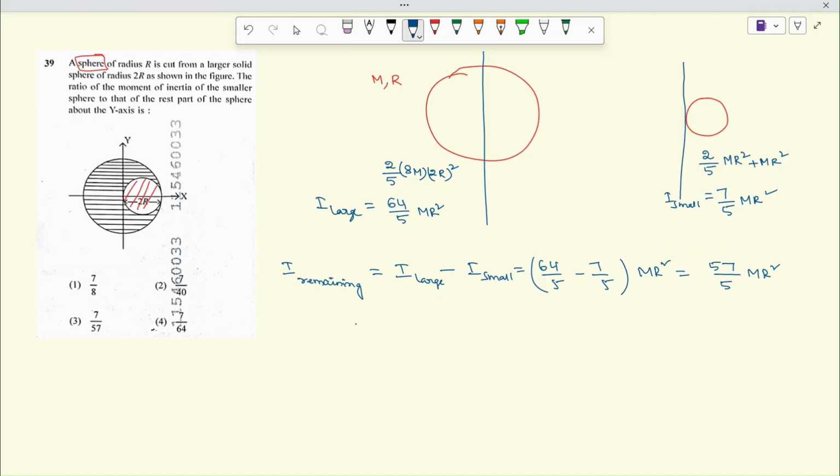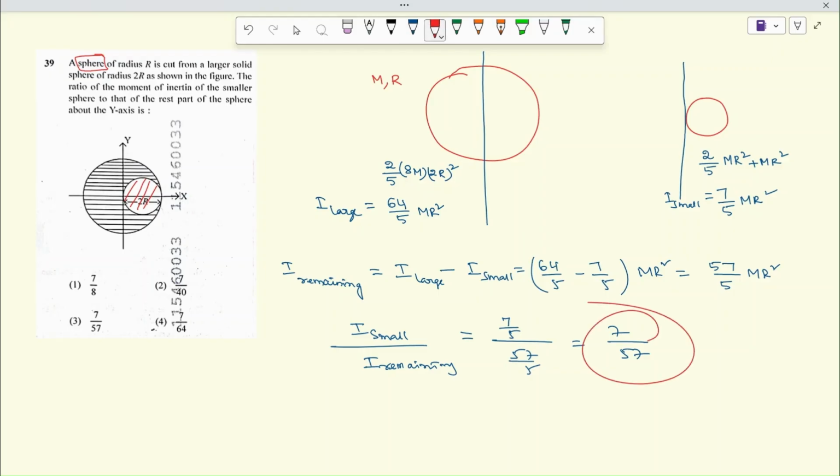The question is about moment of inertia of the smaller part by the remaining portion, which is (7/5)/(57/5), which means 7/57. Final answer.